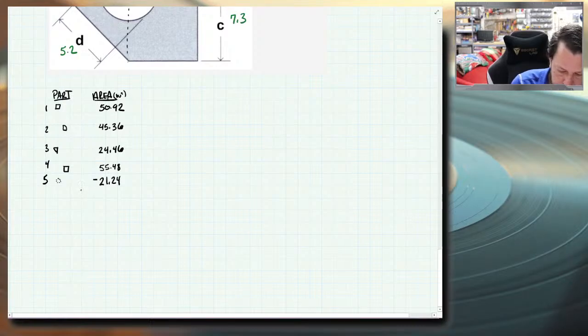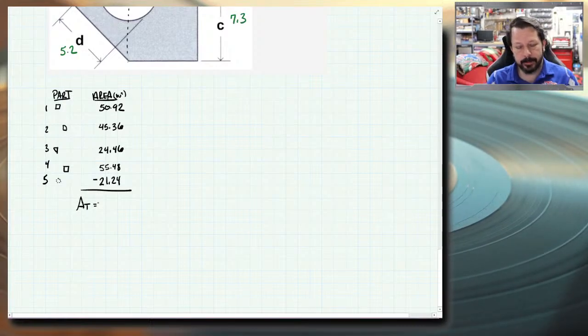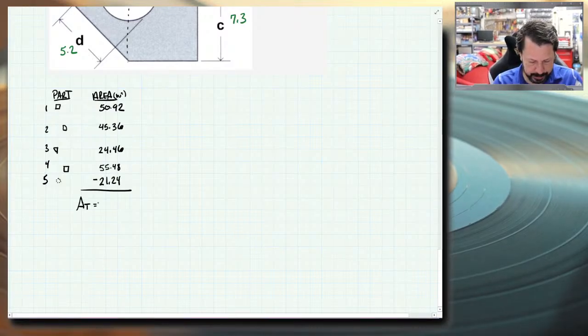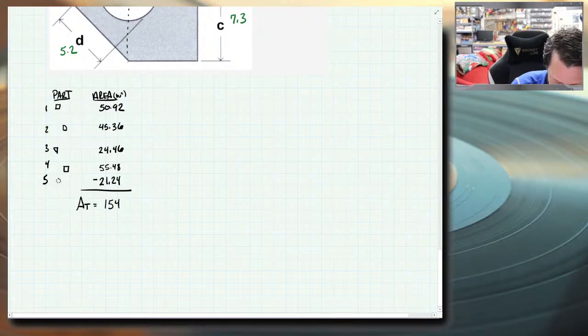And if I take the summation of this column, that's the total area of my little bracket. So 50.92 plus 45.36 plus 24.46 plus 55.48 minus 21.24, 154.98 inches squared.